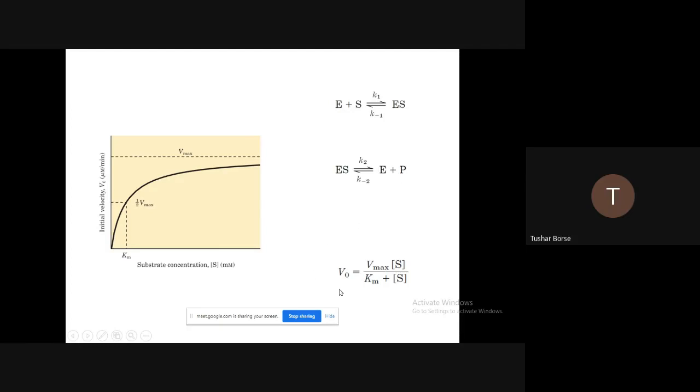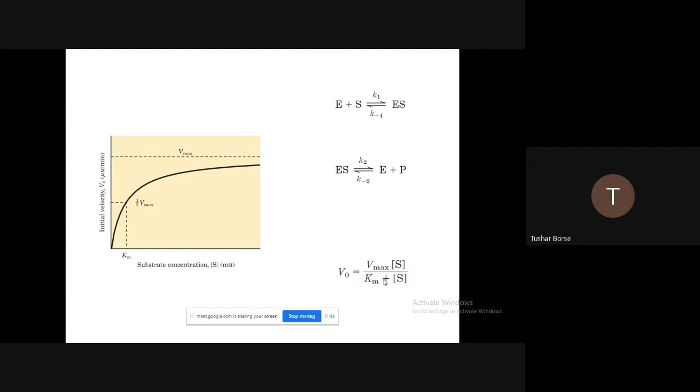We want to derive the equation which was given by Michaelis-Menten, that is V0, the initial velocity or the velocity of the enzyme, which is equal to the maximum velocity into substrate concentration upon Km plus substrate concentration. Fine. So here you can see that it gives us a mathematical relationship between the velocity, the maximum velocity, the substrate concentration, and the Km.